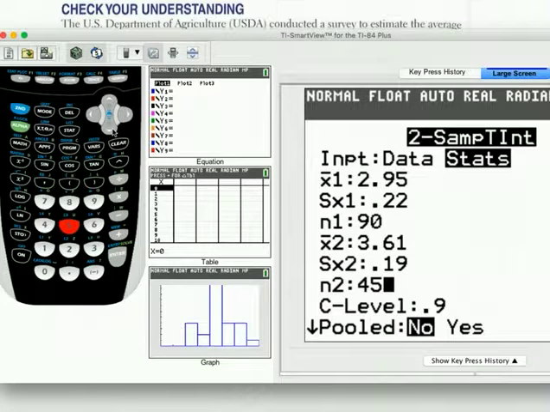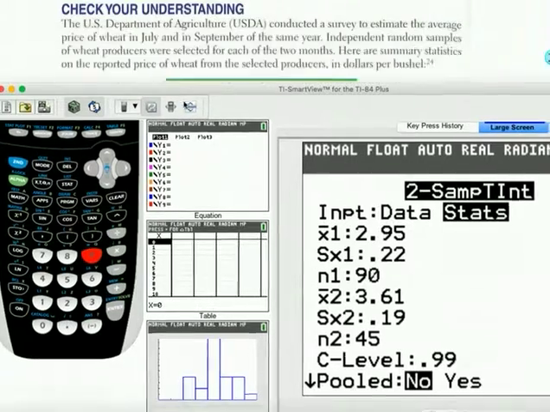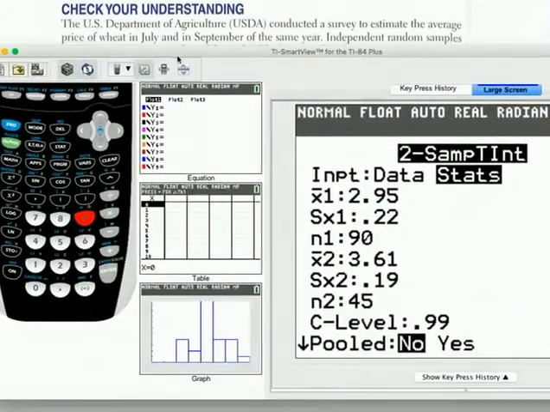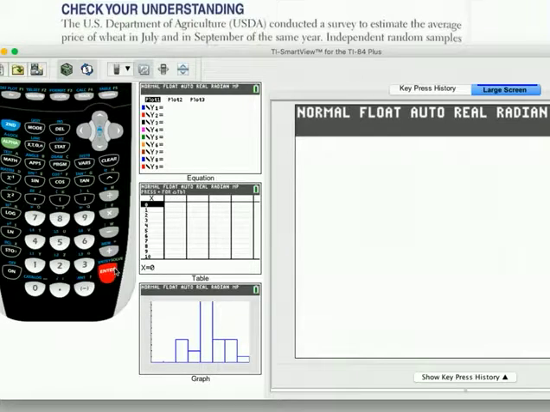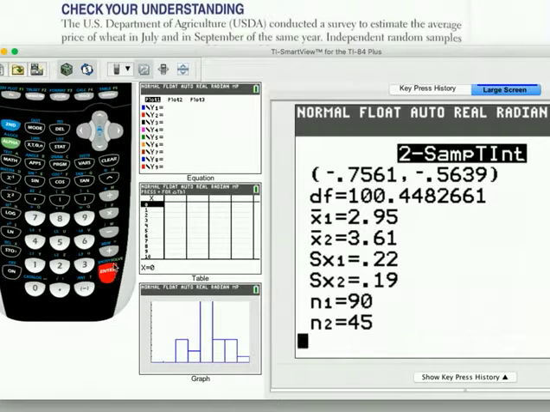Change our confidence level to 0.99, and we're going to say no, it's not pooled. That gives us an interval of negative 0.7561 and negative 0.5639.